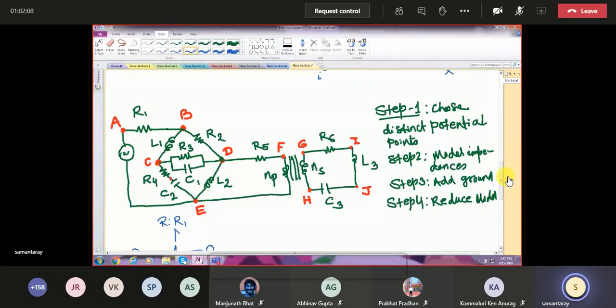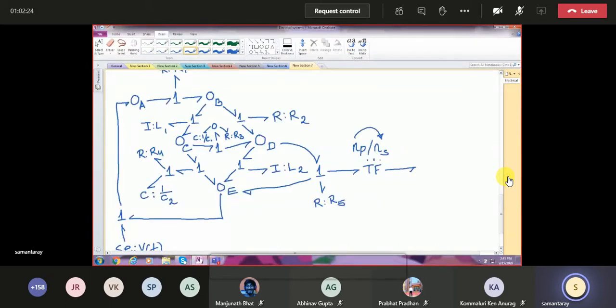Now we will check the other side. What is there on the other side? The other end of the transformer is an impedance between G and H. The lower one is H, I think, and the upper one is 0G.